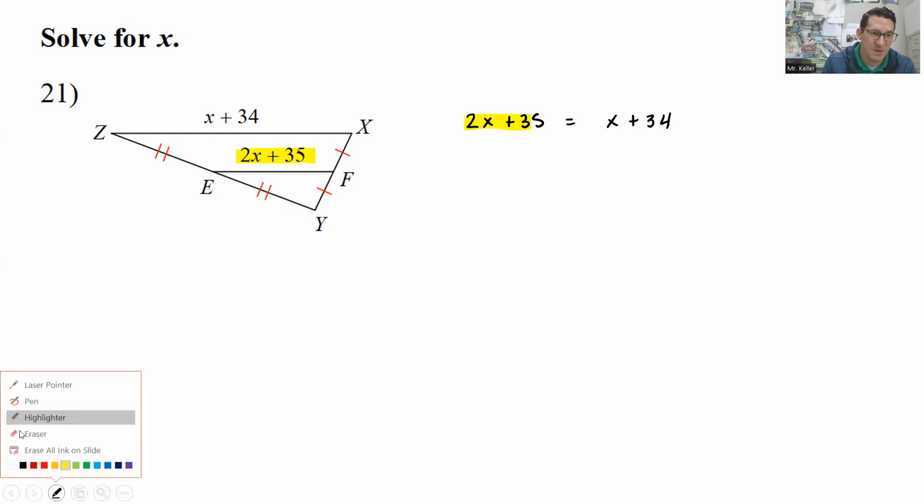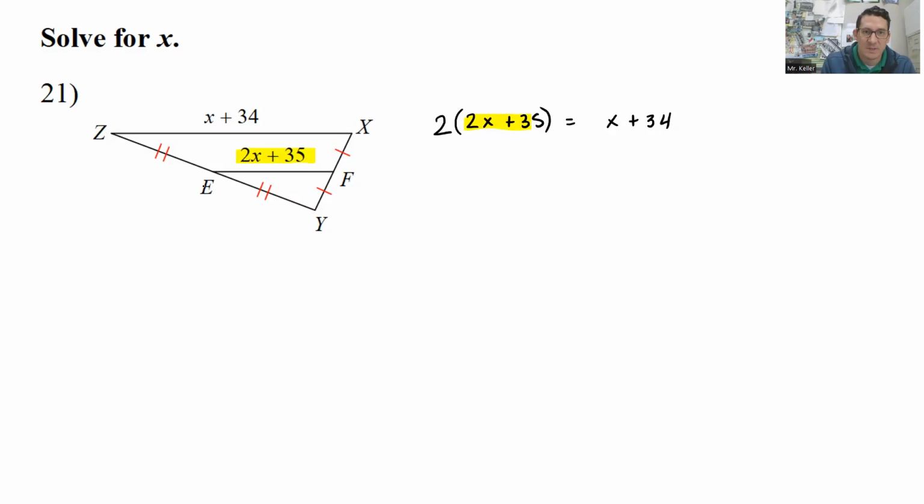So to set up an equation where this makes sense, I have to multiply this by 2. So it takes 2 of the small ones to make one of the big ones, right? And so now to solve for x, I need to distribute. So 2 times 2x is 4x. 2 times 35 is 70.